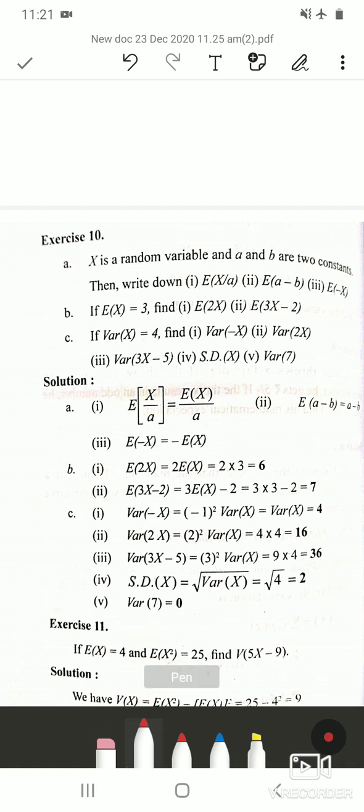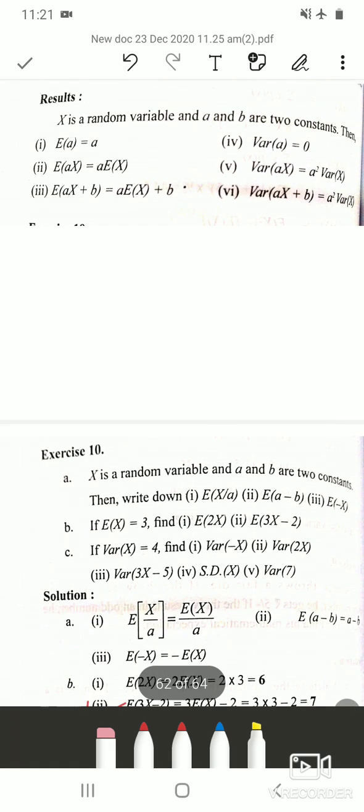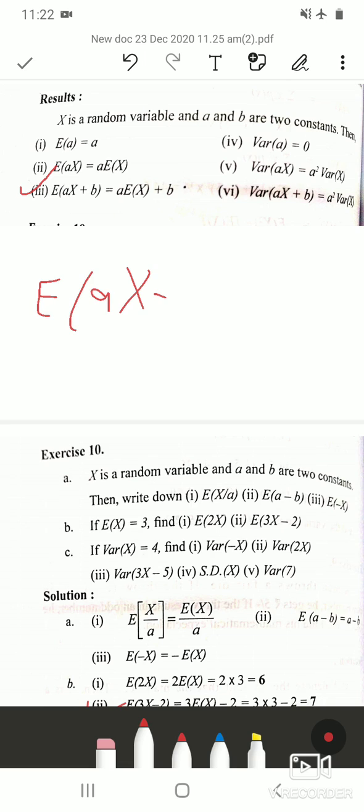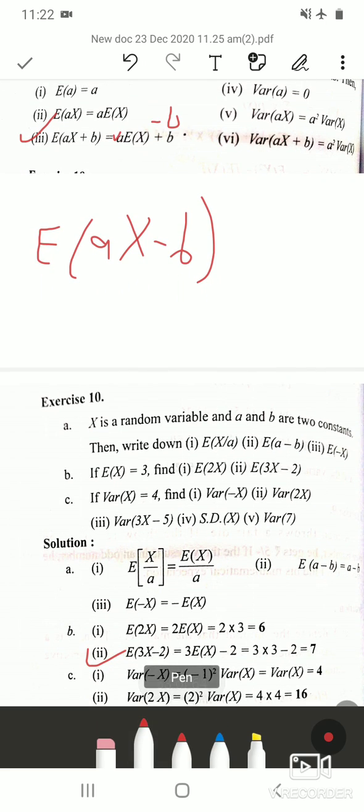So the next sub question is to find out expectation of 3x minus 2. This is of the form expectation of ax plus b, but here instead of the addition symbol we have the subtraction symbol. So expectation of ax minus b would be a into expectation of x minus b. Here in place of a we have 3 and in place of b we have 2.